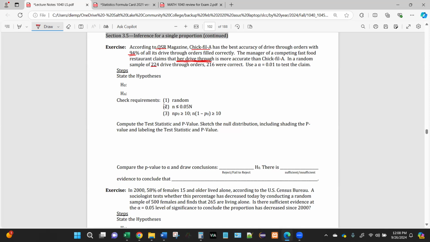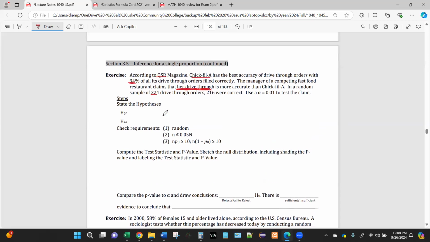Well, what kind of data are we looking at? Each order is either going to be accurate or not. Okay, so it's a yes or no, which means categorical data, which means we're looking at P, the population proportion.